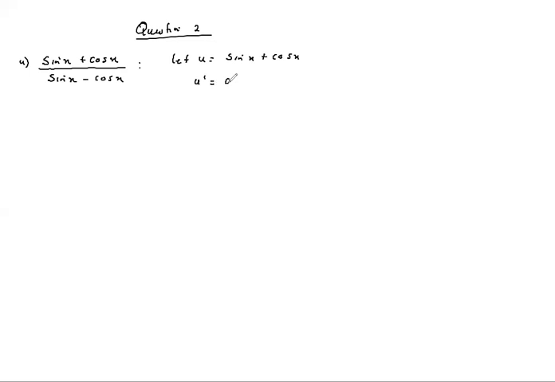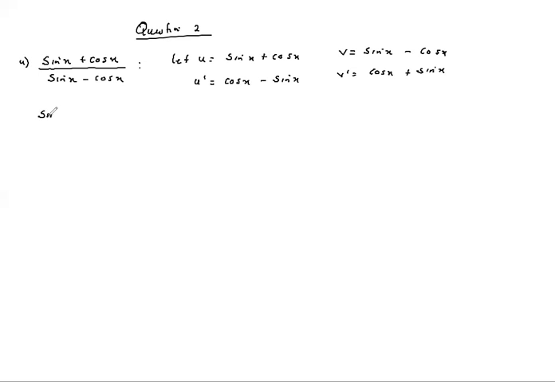Derivative of sine x is cos x, derivative of cos x is minus sine x. Let v be your denominator, sine x minus cos x. You differentiate, the derivative of sine x is cos x, derivative of cos x is negative sine x, then that negative there, you have sine x.